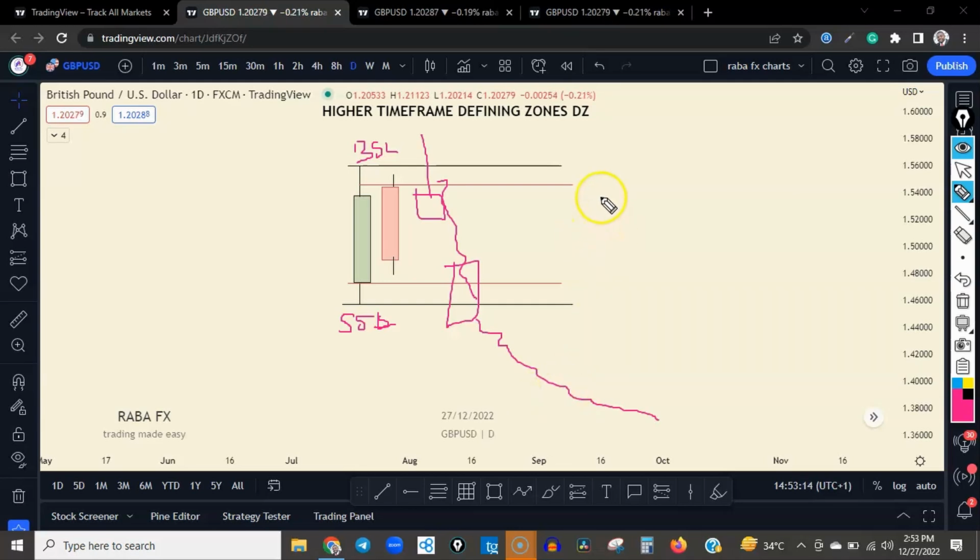Remember, price moves because of two things: to purge liquidity and to rebalance. If price seeks to take liquidity, it does things like this. If it seeks to rebalance, it seeks fair value gaps that have been left behind. Those are the areas where price moves towards.